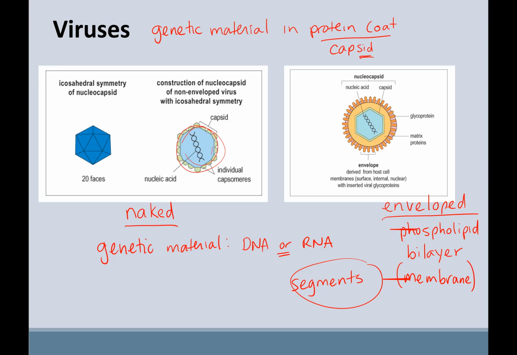Okay, so you've got naked viruses, you have enveloped viruses. The main thing to remember is viruses are not cells. I don't consider viruses living. Some microbiologists like to debate that, but viruses, we'll talk about in a minute, are obligate intracellular parasites, and I'll write that down in a sec.